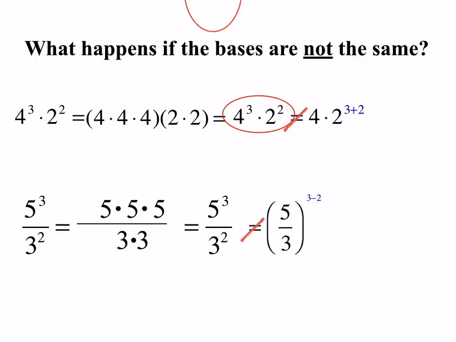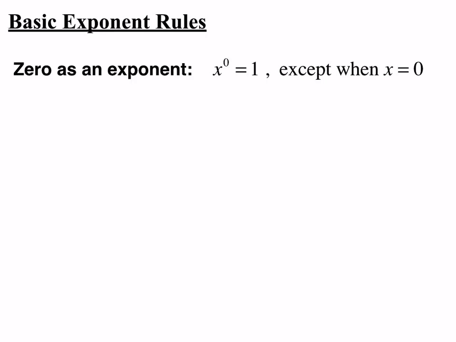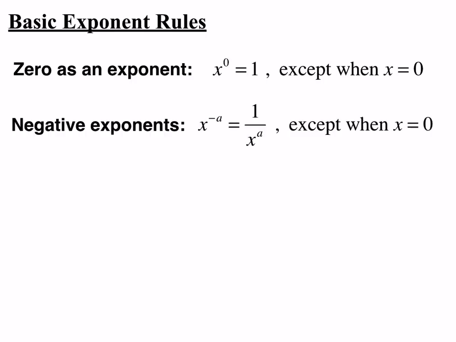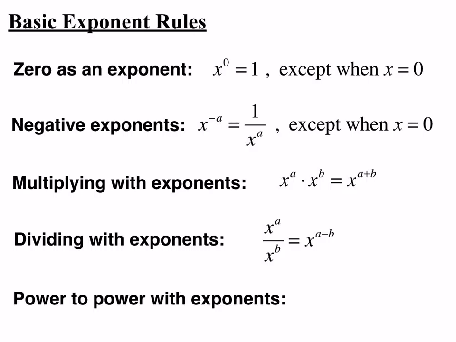All right, so don't make up rules that don't exist. All right, basic exponent rules. 0 as an exponent. We've talked about that in full detail. We've talked about negative exponents in full detail. And now we've added these three properties: multiplying with exponents, dividing with exponents, and power to a power with exponents.